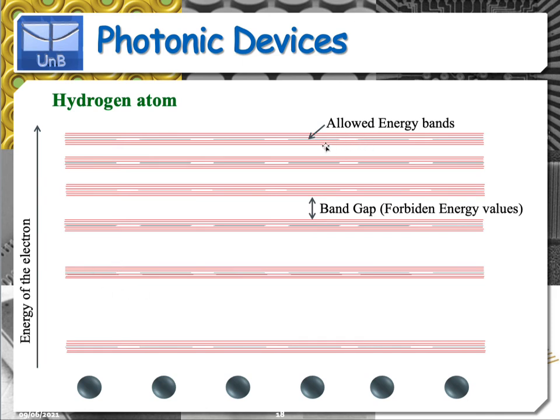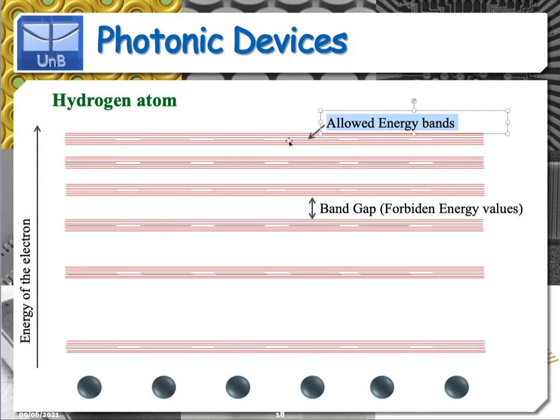So in this process of splitting of levels, since the new levels have originated from the original energy levels that the electron could assume, the originated levels are going to be allowed energy levels, which will actually be energy bands.